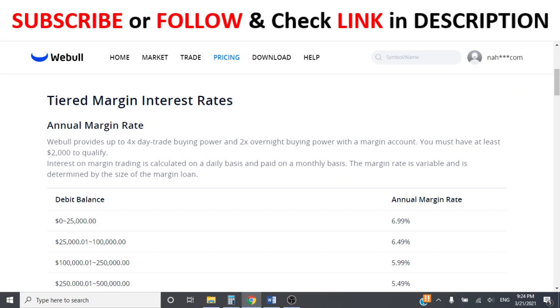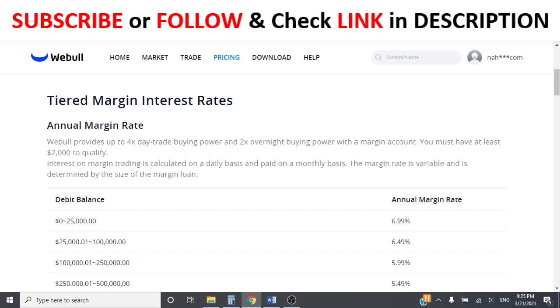So that means if I have $2,000 in my account and I want to buy Apple, then maybe I can buy up to 4 times this 2,000. So instead of just buying shares worth 2,000, I can buy shares worth $8,000, I believe, or I think it's $10,000 even. It might be $8,000 or $10,000. I'm not sure. I honestly don't use this buying power thing because it's apparently risky.